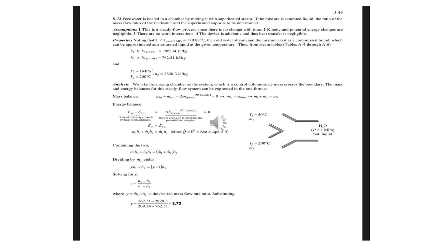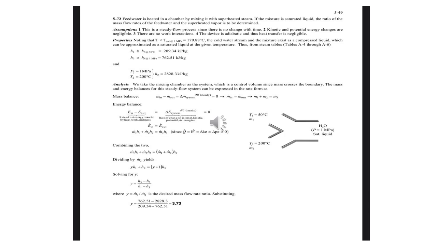Substituting into the formula Y equals H3 minus H2 over H1 minus H3, Y equals negative 2065.79 over negative 553.17. We cancel the negatives, so Y equals 3.73. The final answer: the ratio of the mass flow rate of the feed water to the mass flow rate of the superheated steam is Y equals 3.73.